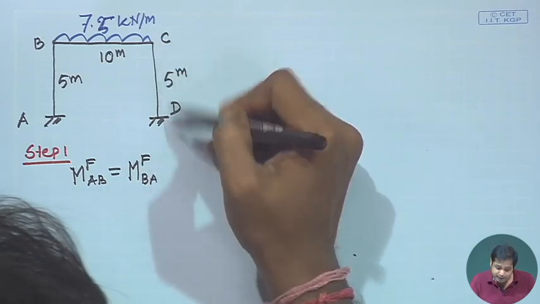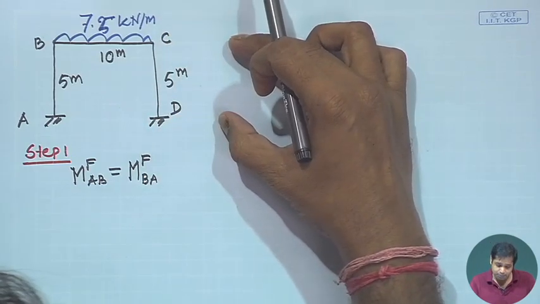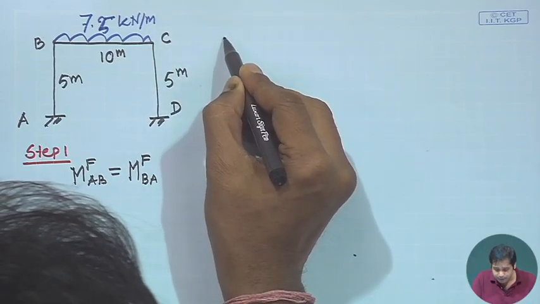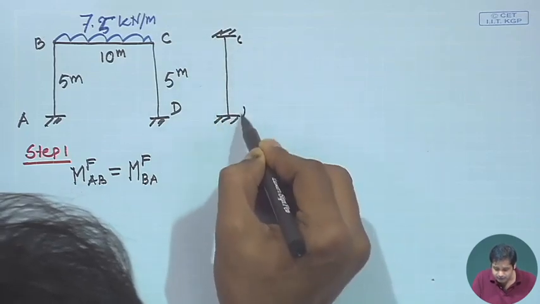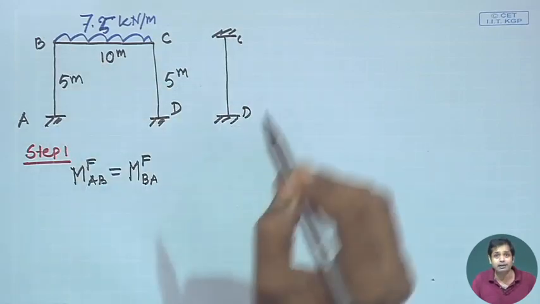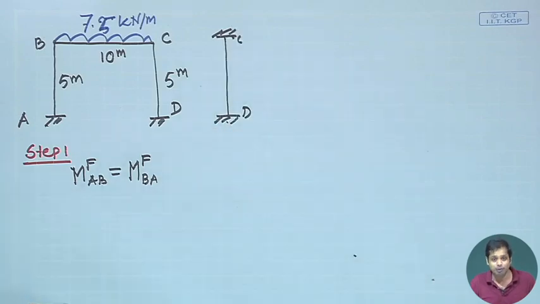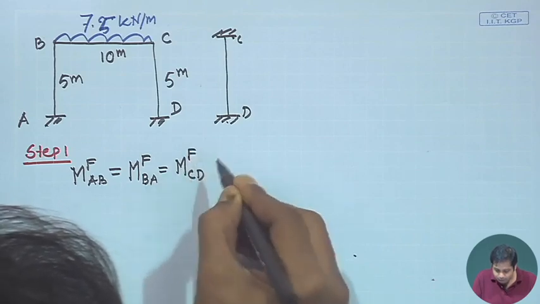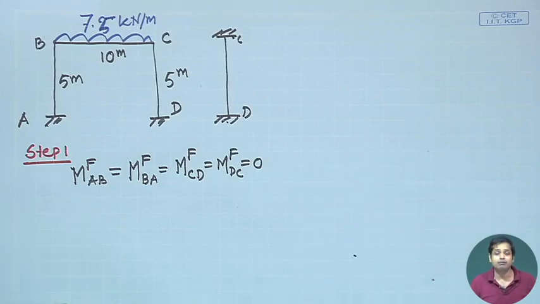Similarly for CD, what is the primary structure? The primary structure for CD becomes this, with both ends fixed, C and D. Similarly for AB. There is no load, so the fixed end moments at these points will be 0. So M_CD fixed and M_DC fixed are all 0.